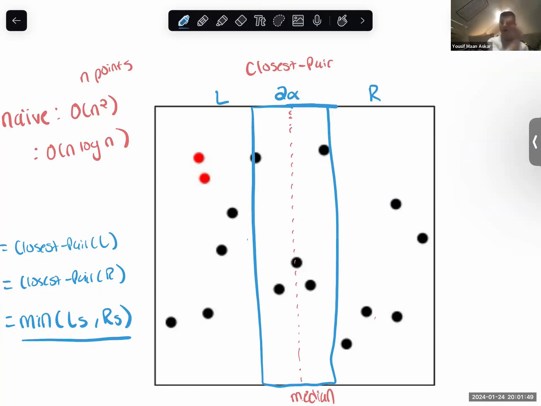All right, so it's alpha in the left direction, alpha in the right direction. Any point that lies within this box, within this strip, those are the only points we have to consider when we're trying to compare anything from the left to the right for that third base case that we talked about. So now, does this actually help us?